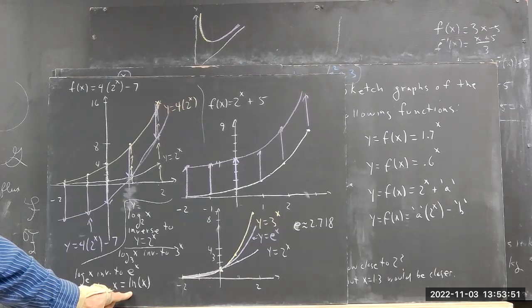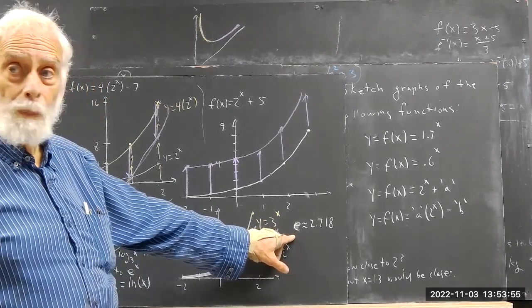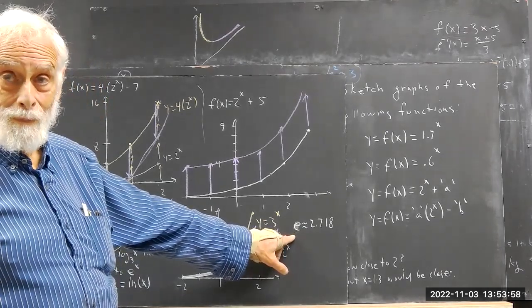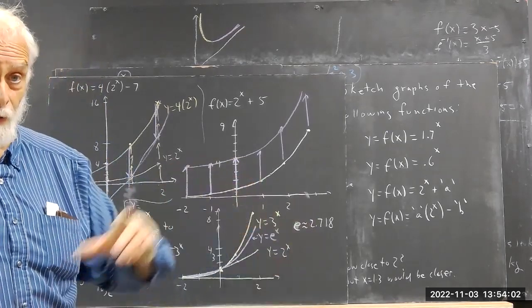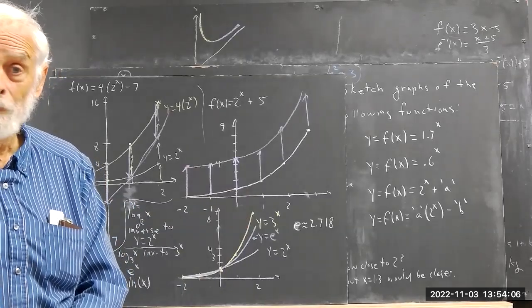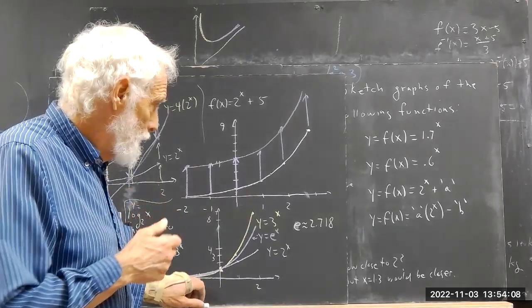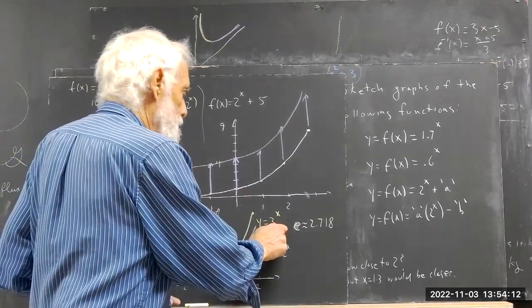And e is, in a very real sense, we'll talk about next time, the most natural base for exponential functions. 2 is a convenient base and it has a lot of good properties. And that's the base we've been using. But kind of the universal base is e to the x.